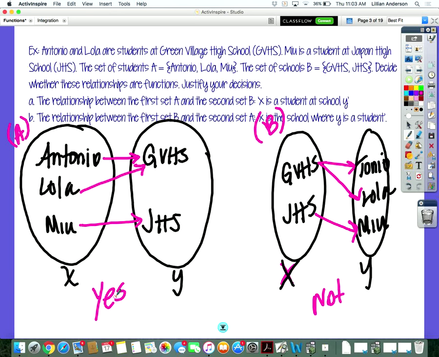And if we want to explain this in words, we can say there's one output for every input. And then we say the opposite for this one.